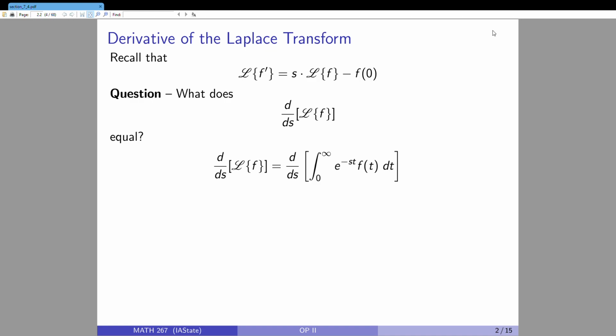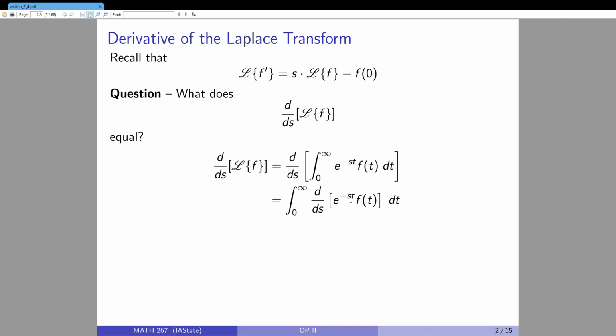Alright, so set that up. If we're going to take the derivative of the Laplace transform, it's going to be the derivative of that integral right there. Now, as I've already said, you can pull that derivative in. Completely legal, completely fine. Now, what's going to happen with that derivative? That derivative is with respect to s, not with respect to t. So my f of t doesn't care. It goes along for the ride.